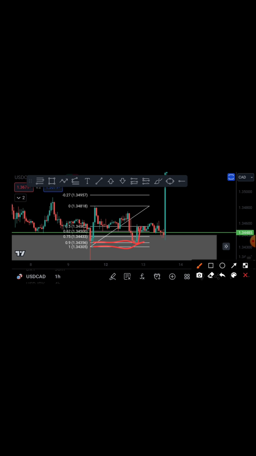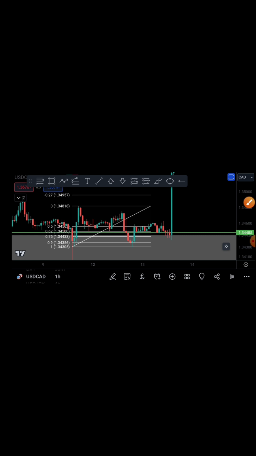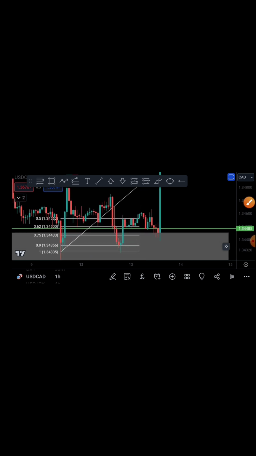We have a push, and that push you can just measure to be very accurate. Let's look at the time that this happened. It happened in a time that the New York session liquidity has been reduced.